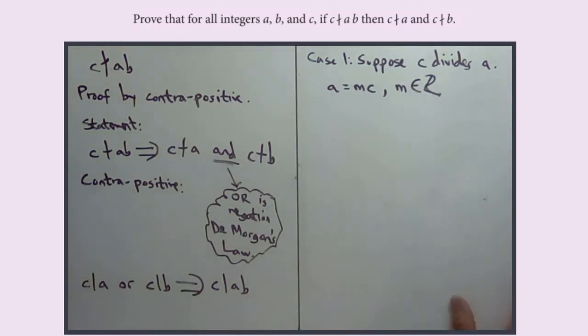That's just the definition of dividing something: it means it's an integer multiple of this thing.